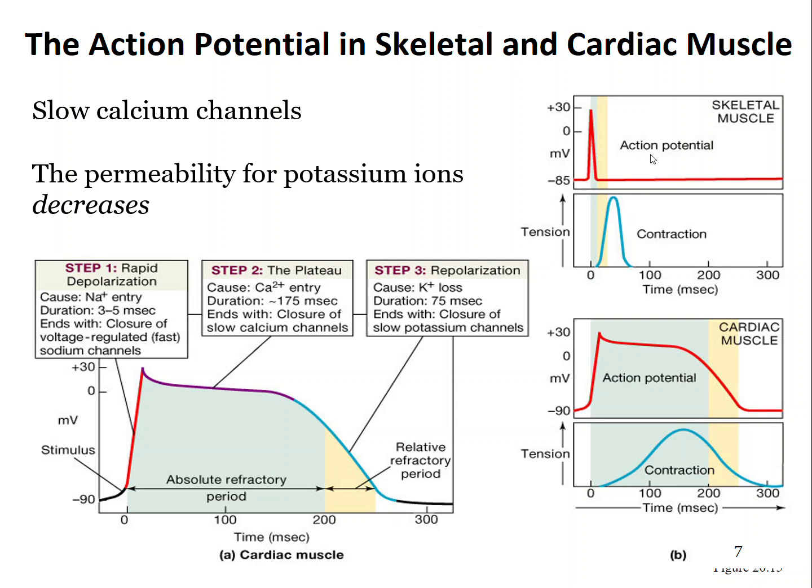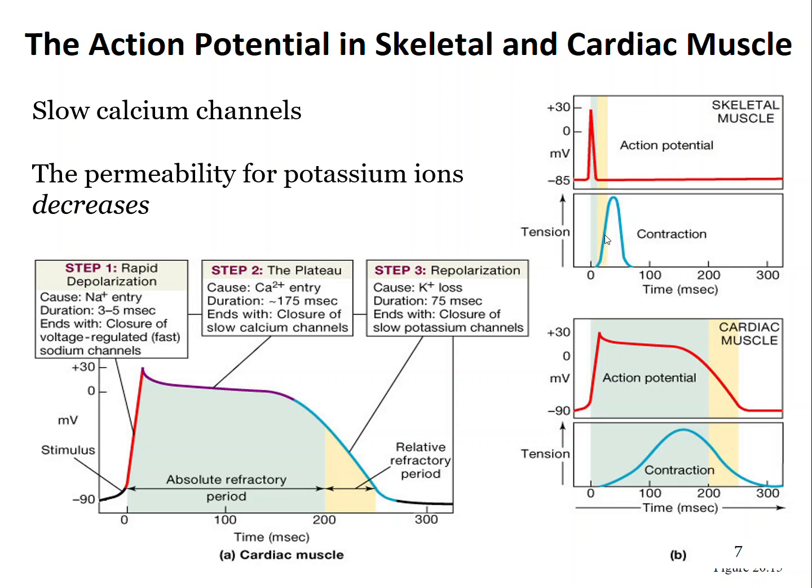First, remember that the short action potential in skeletal muscle makes it possible to have tetany. Why does it happen? Because when this short action potential is finished, the refractory period also finishes, and you can excite the cell again after this action potential. But look at the contraction time. Contraction is a slower function and has a slower property.